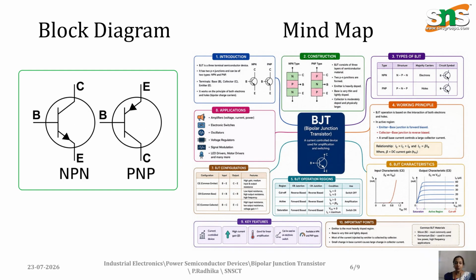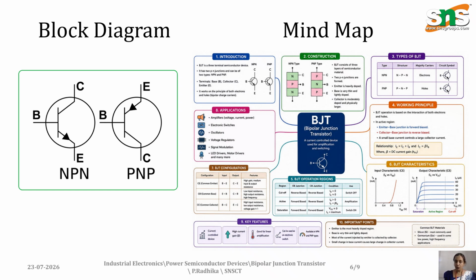So this is the circuit symbol for PNP and NPN transistor. The three terminals which I have mentioned are the base terminal, collector terminal, and the emitter terminal. The current which flows through the base terminal is IB. The current which flows through the emitter is IE.